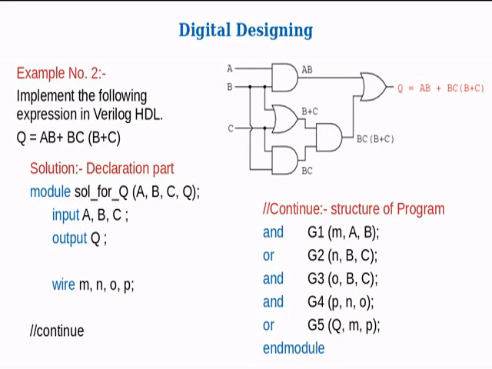What is the output? We call it M. M is the output terminal and A and B are the two input terminals. Similarly, we write the code for an OR gate by looking at the inputs and output, and in this way we write the code for all the gates.